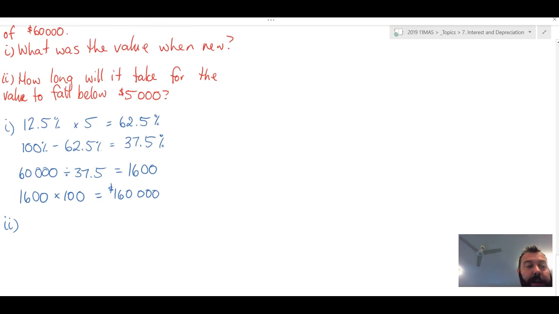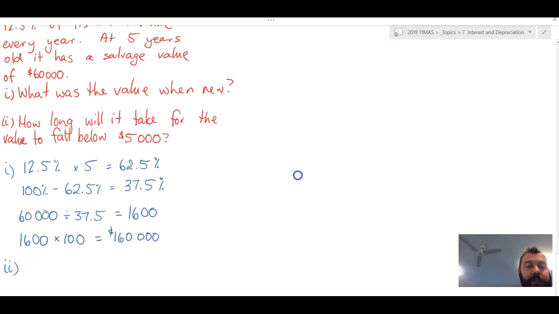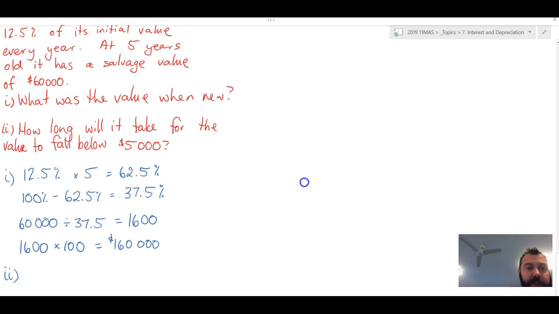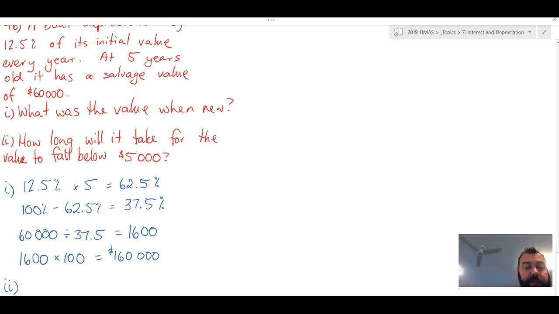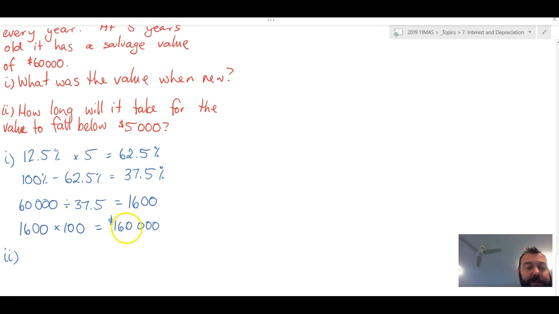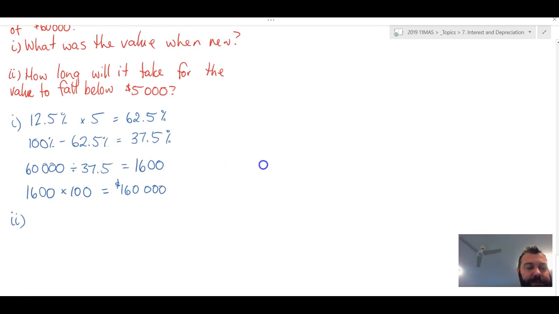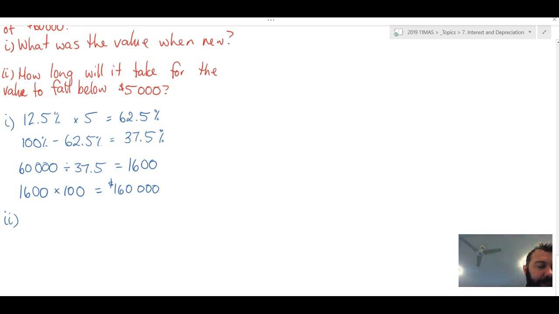Now, for part 2, how long will it take for the value to fall below $5,000? We could just keep stepping this down. Let's use our formula. And I'll say that my salvage value equals V0 minus DN. I'm writing this out just because it's a more complicated question.